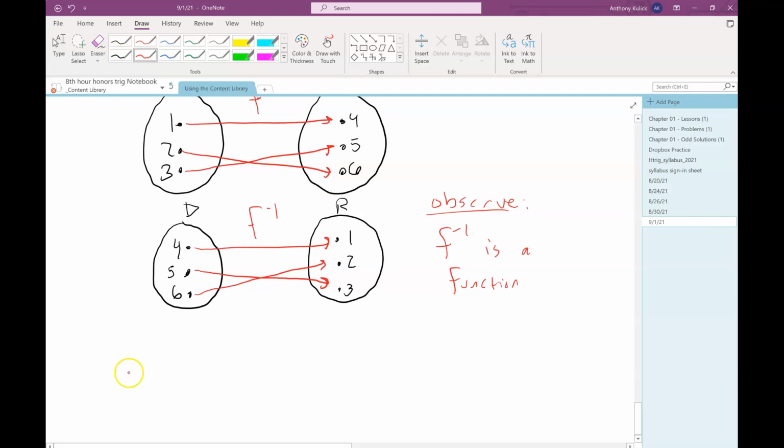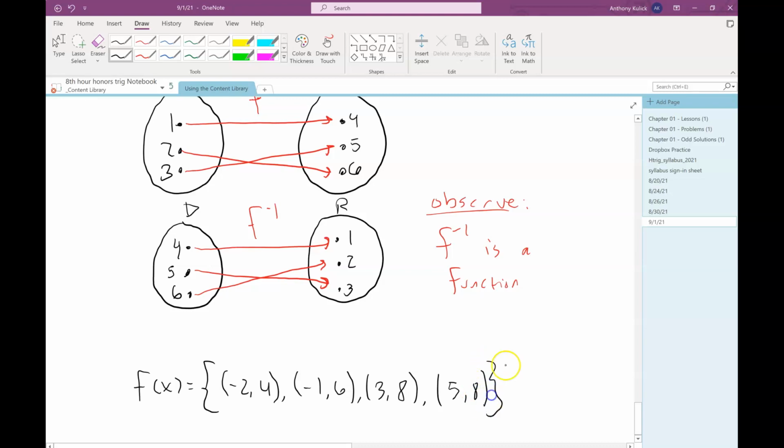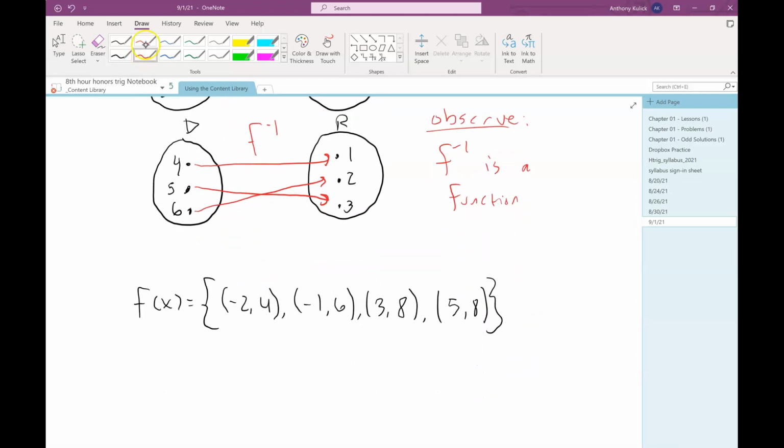Another way we might represent a function is generically as a set of ordered pairs. So as a second example, let's say that our function consists of these 4 ordered pairs. If I want to write the inverse for this function, well, in F, -2 goes to 4.